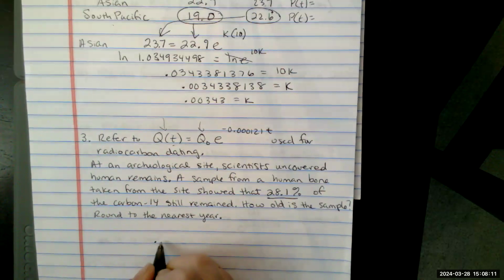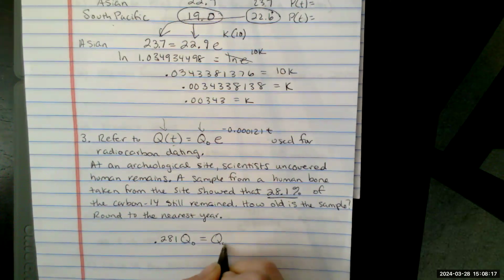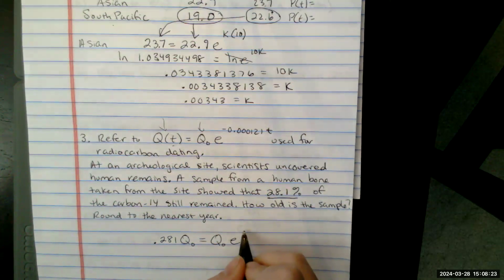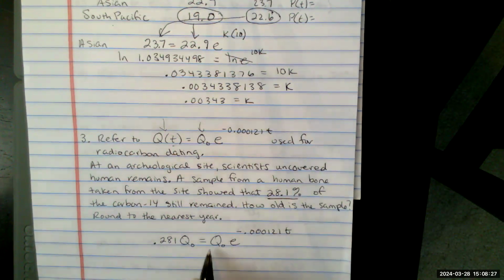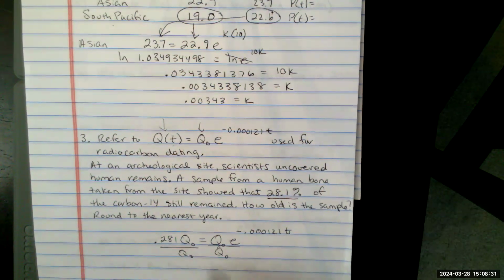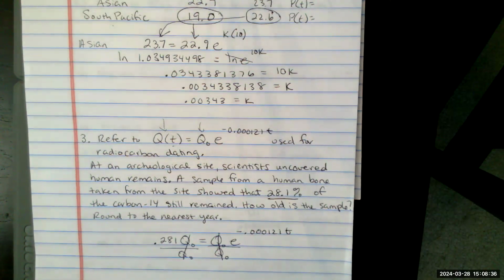So I'm just going to call it 0.281 times Q sub 0, because we don't know what that is, but we know this is 28.1% of it. So if I set it up like this, then when I divide by Q sub 0, like we normally would, but it would normally be a number, in this case, they just wipe each other out.